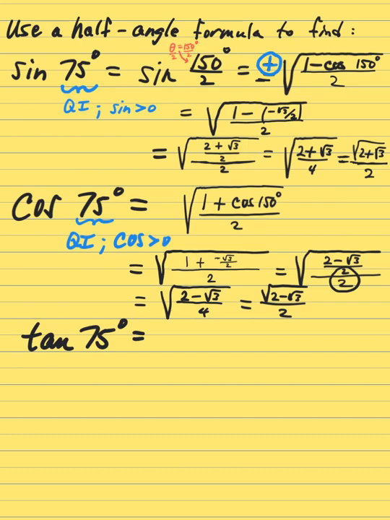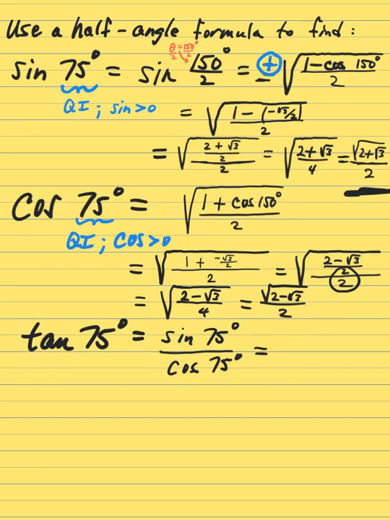Tangent of 75, like we did on the double angle problem, we can take our top two answers, sine 75 over cosine 75, and use them. And since we're doing a difficult problem anyway, let's try to alleviate some of the pain from this one. Okay, sine 75, that was the first answer up here in the top right.